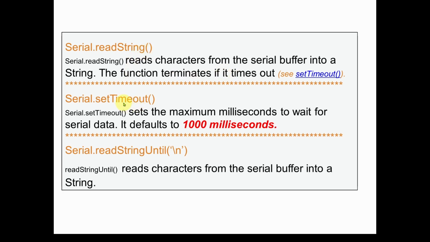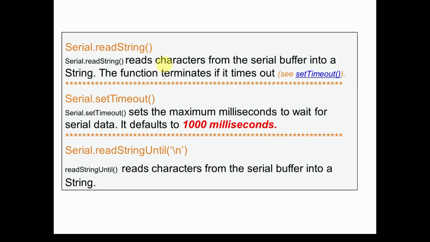There is a parameter you can set called setTimeout, and it sets the maximum milliseconds to wait for serial data, and it defaults to 1000 milliseconds, or 1 second. So in other words, if you don't do it right, your readString could take at least 1 second.